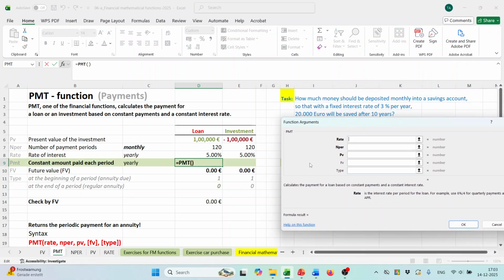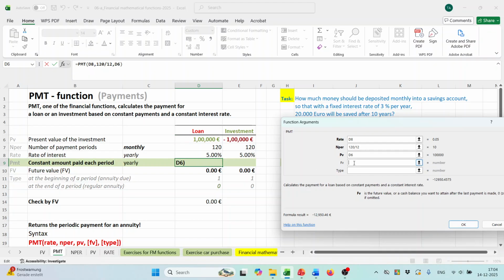Okay, so our rate was 5%. Our period here is given monthly, but the other value is given yearly. So we have to convert this into years. How can we do that? We can just divide it by 12. Now PV, our present value, is obviously this one.